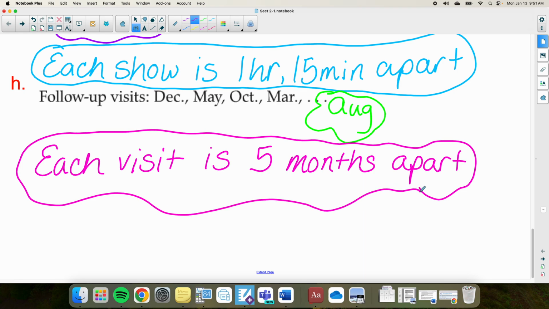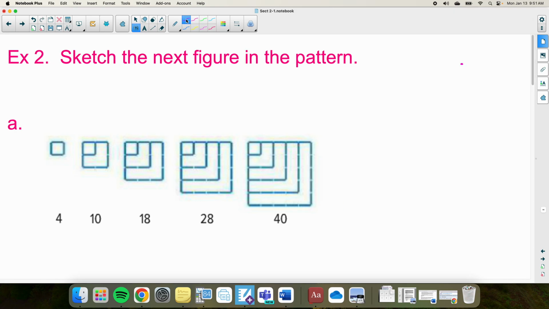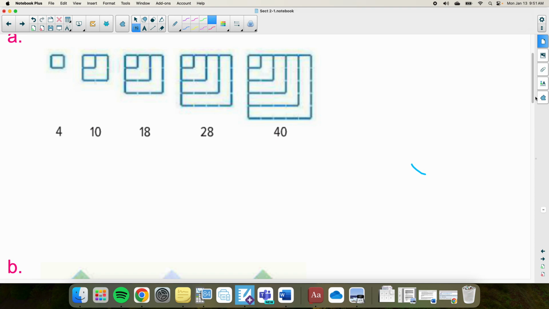Okay, so now let's go to this page. And here we have a pattern as well as some numbers below it, okay? And if you look here, it looks like what happens is each time they add this backwards L, okay?